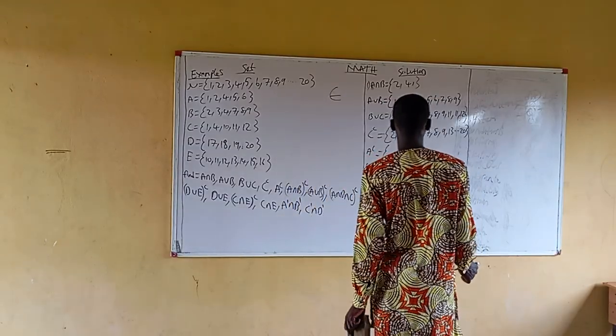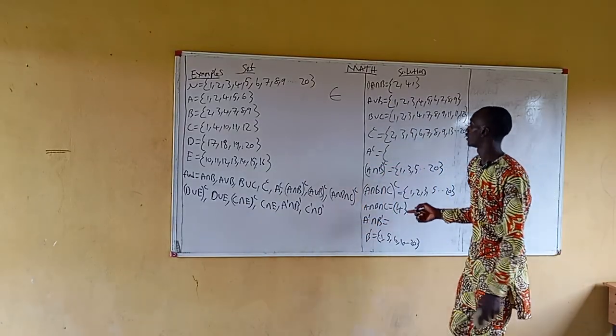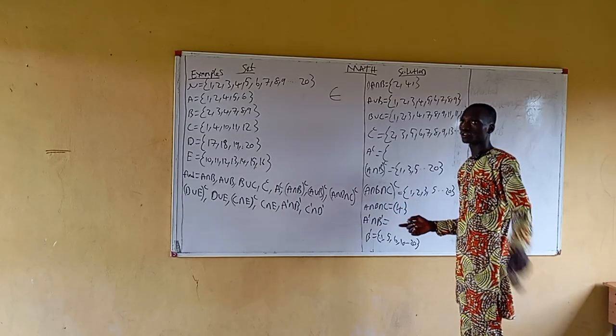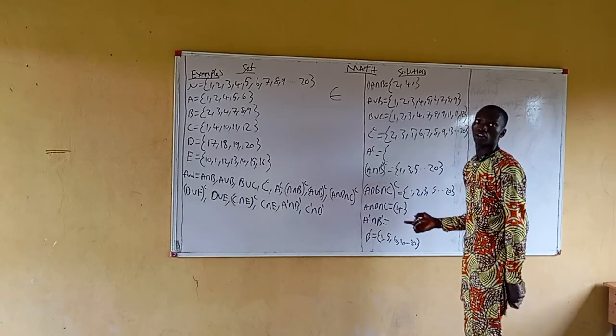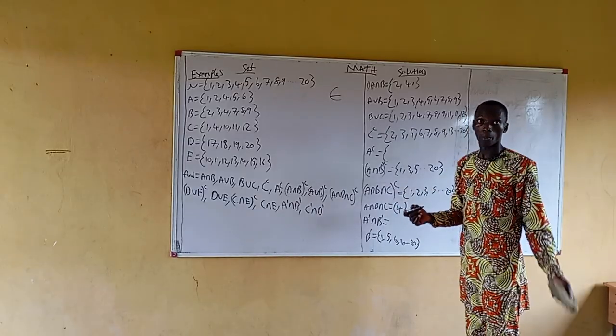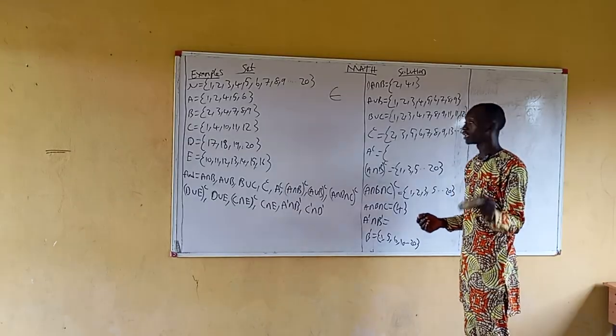Then now, our A complement. I wanted to leave it for you, but we really need it. For those of you that have done it, you can pause the video and try it on your own, then check it. But let's continue.